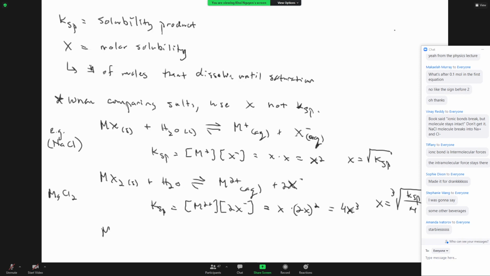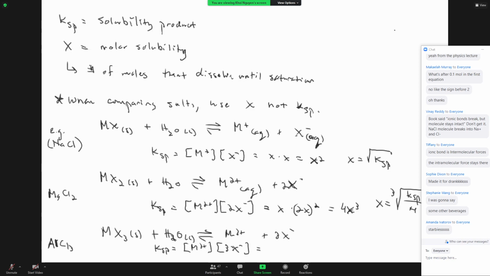And last but not least, MX3 solid plus H2O liquid is going to become M3+ plus 3 halide ions, right? Example of this would have been your aluminum chloride. So your KSP is the concentration of your trication times 3 of your halide ions.